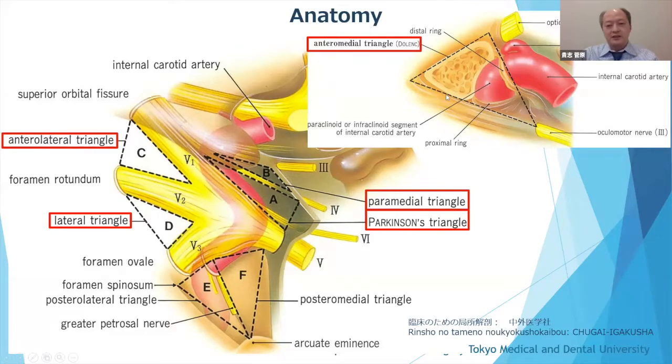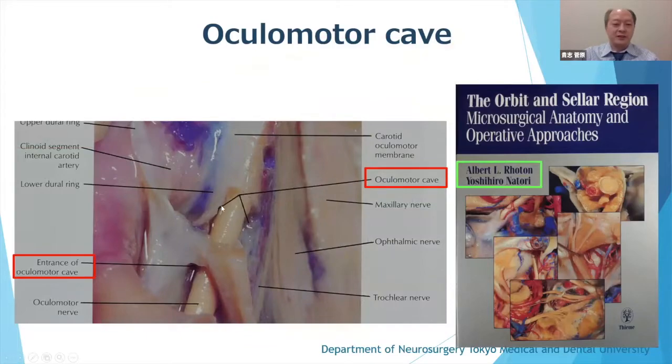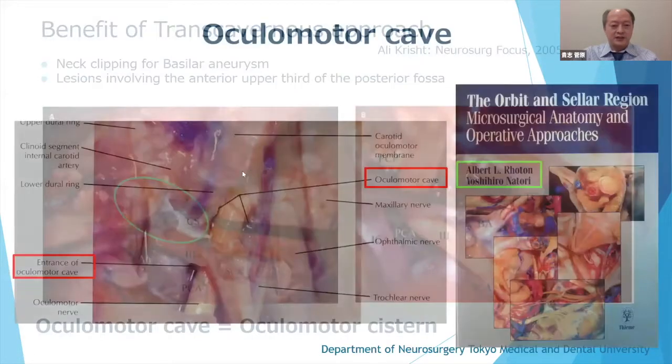And this anteromedial triangle, so-called Dolenc triangle, is also very useful. I'd like to mention the oculomotor cave, like this space. There is a space here around the oculomotor nerve, like Meckel's cave. This place is the so-called porus oculomotorius, the entrance to the cavernous sinus.